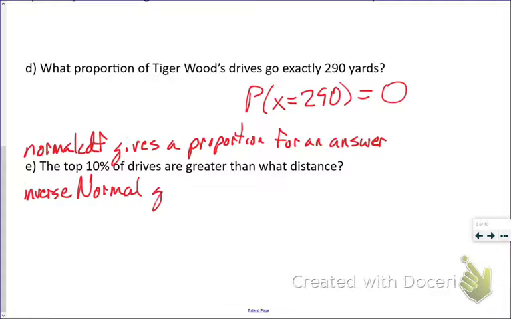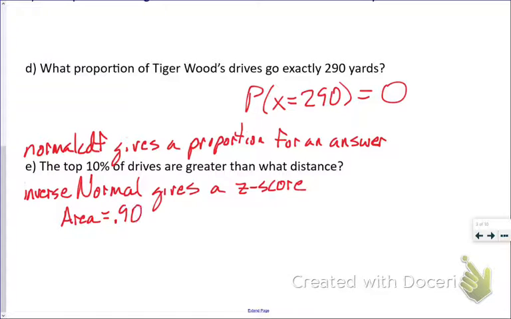This gives a value or a z-score. I'm going to write z-score because I'd rather you do the algebra needed. So the one catch to inverse normal is it asks for the area that we're referring to, and I wish they had typed the word percentile. So when they say top 10%, we're referring to the 90th percentile.